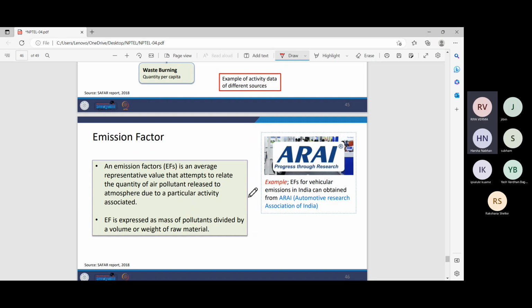So that is the difference between the emission factor and the emission inventories.